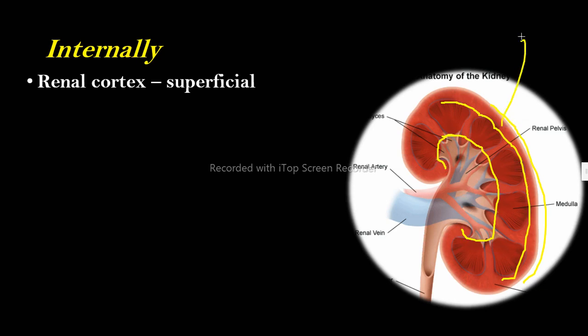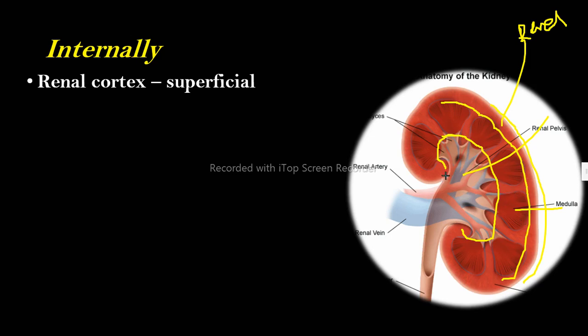So this is the renal cortex, it is labeled. Then you have the renal medulla, and finally the renal pelvis. Now all these layers play a key part as far as urine formation is concerned. Each layer plays an important part.